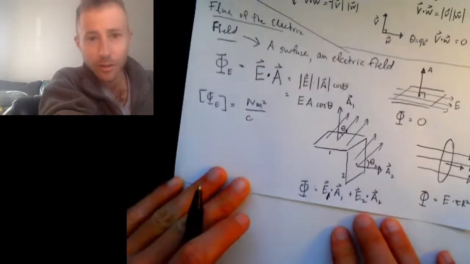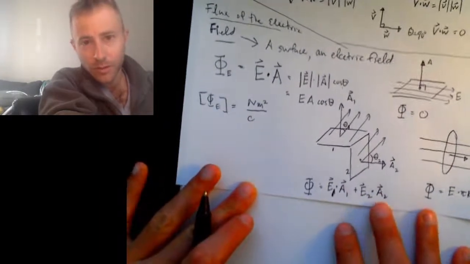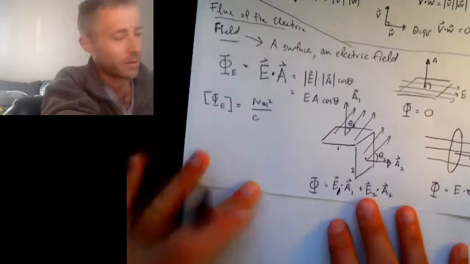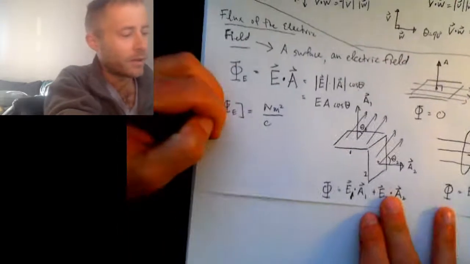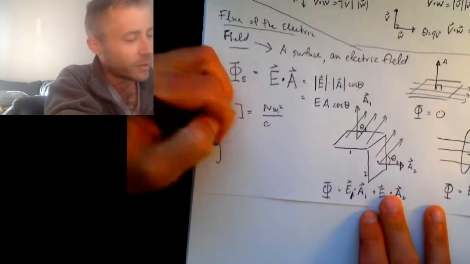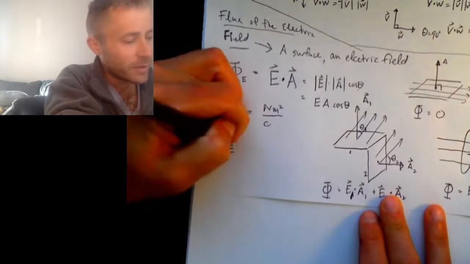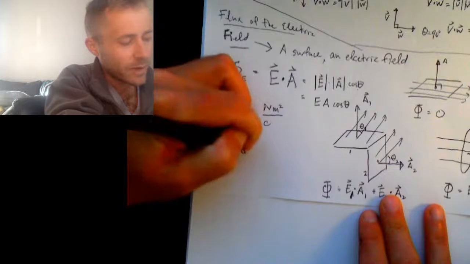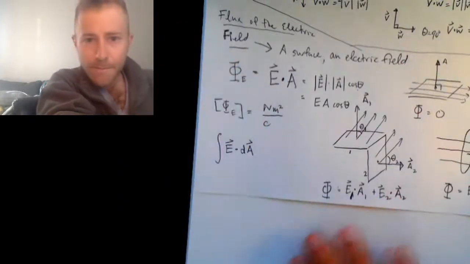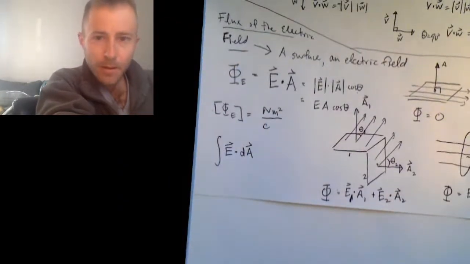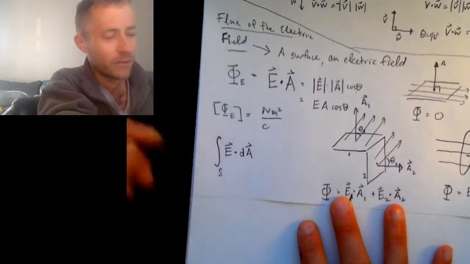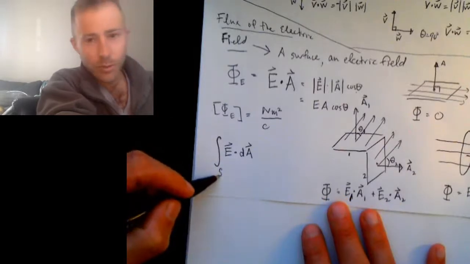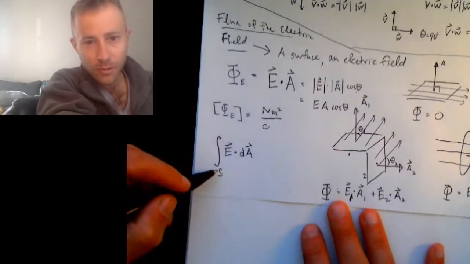Now, I'm going to give you another notation for electric flux. This is the more common notation, more common than that. We write it as an integral of E dot dA, and then we could even put a little S here where we mean over a particular surface.